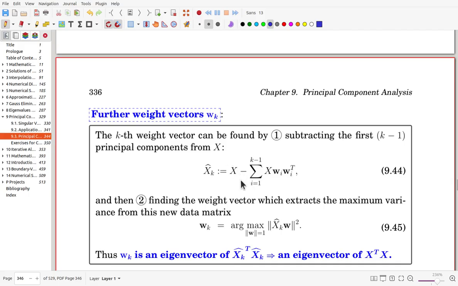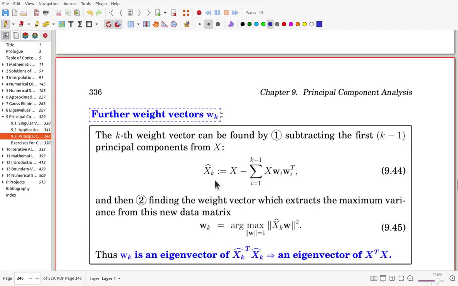Then from the original data set, we find the components in the direction of the first principal component, and second, up to k minus 1, and we remove all components in the data set along the prior principal directions. Then we define the remainder part as xk hat.